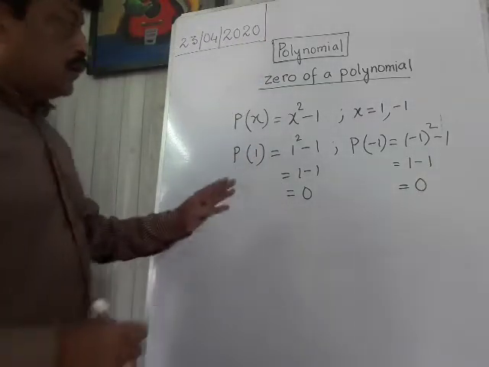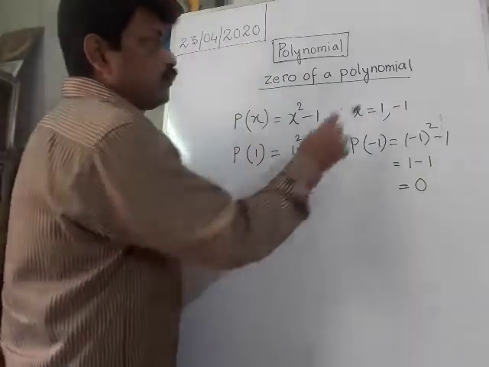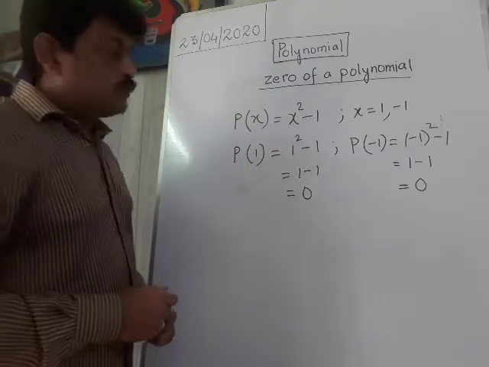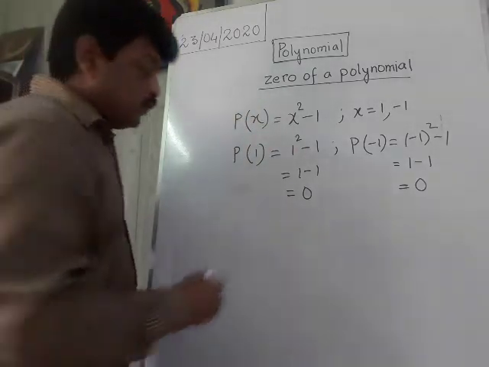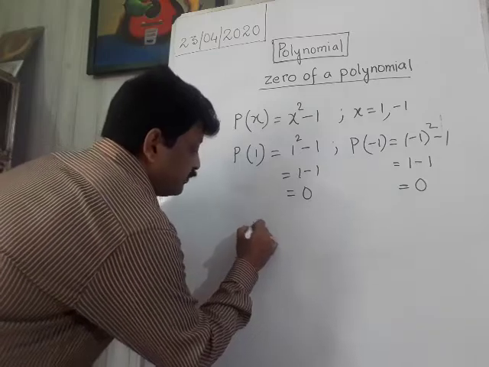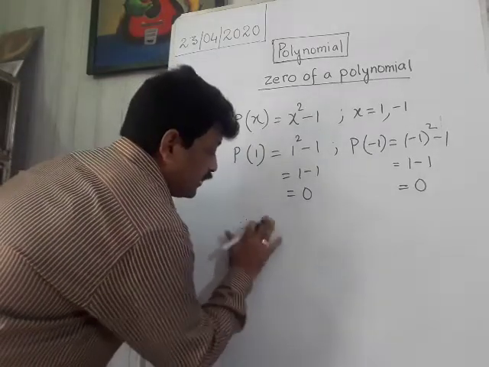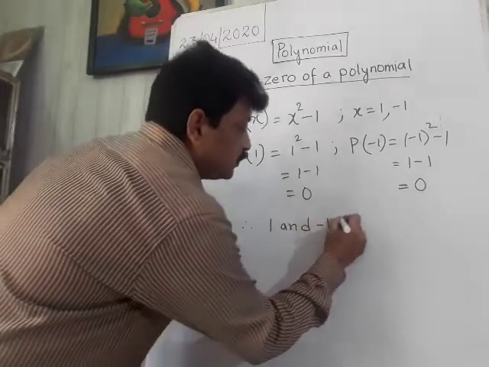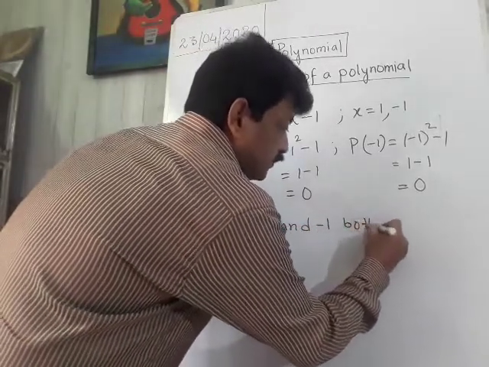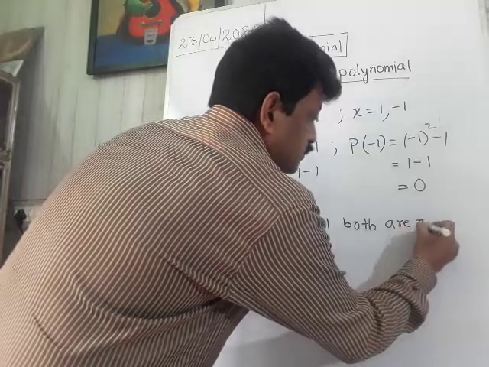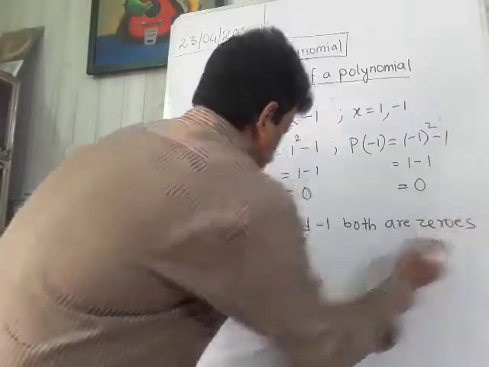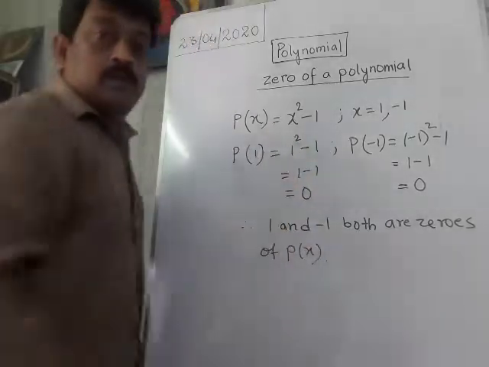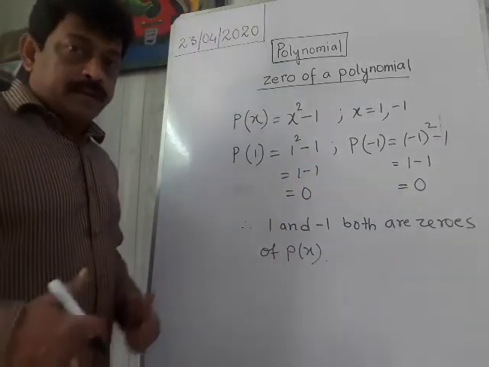So by replacing x with 1 and minus 1, both are giving 0 as the value of the polynomial. So we can say therefore x equals 1 and minus 1 both are zeros of p(x). Understood? Clear?